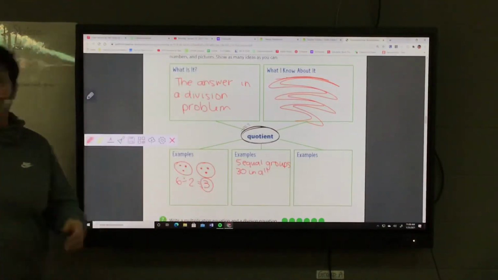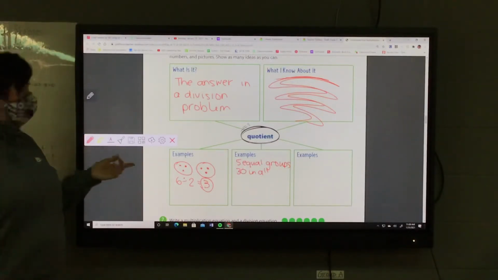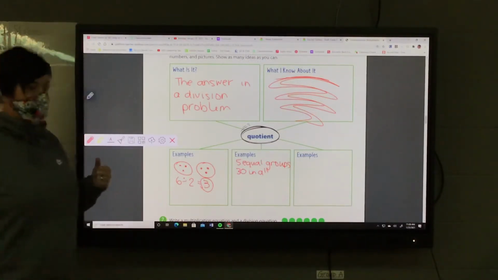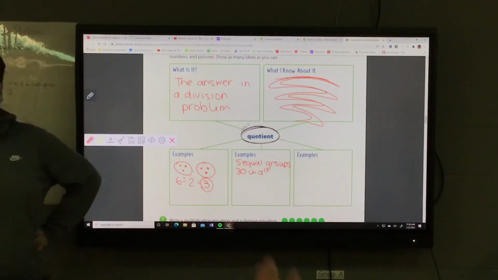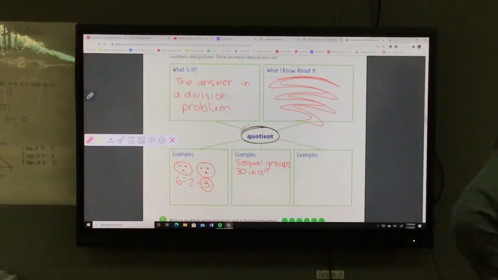Could you figure out the quotient? Who thinks they know what the quotient is? Put your hands on your hips if you think you know what the quotient is. You have 30 in all. You're dividing it by 5 because you have 5 equal groups. So what is that quotient, everybody? 6.